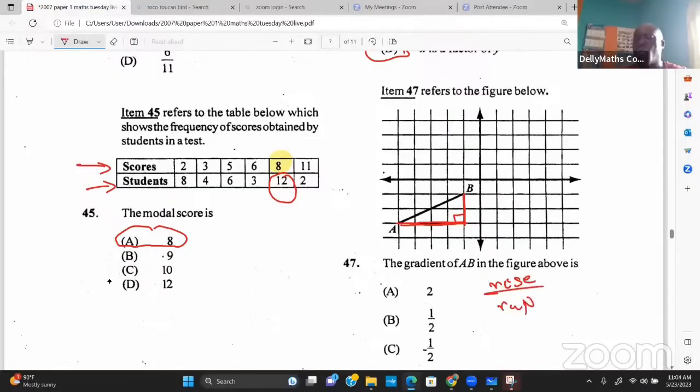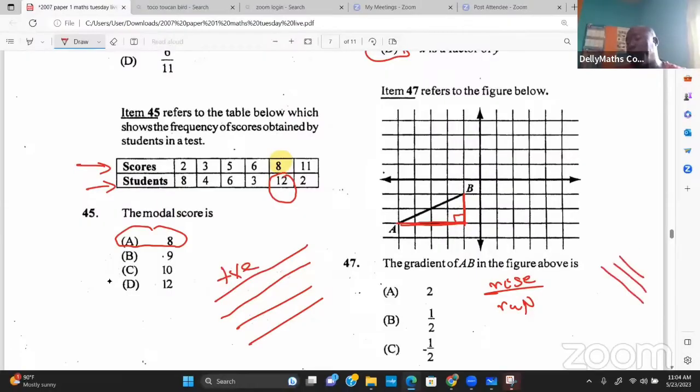And in this case, we want to note that if the line goes from left to right uphill, it already will tell you that the gradient must be positive. Negative gradients would be coming downhill from left to right all the time. So I know that this is a positive gradient already.